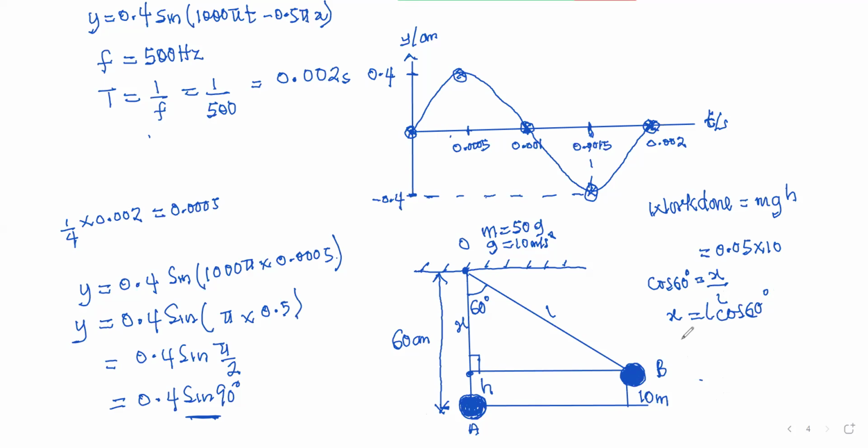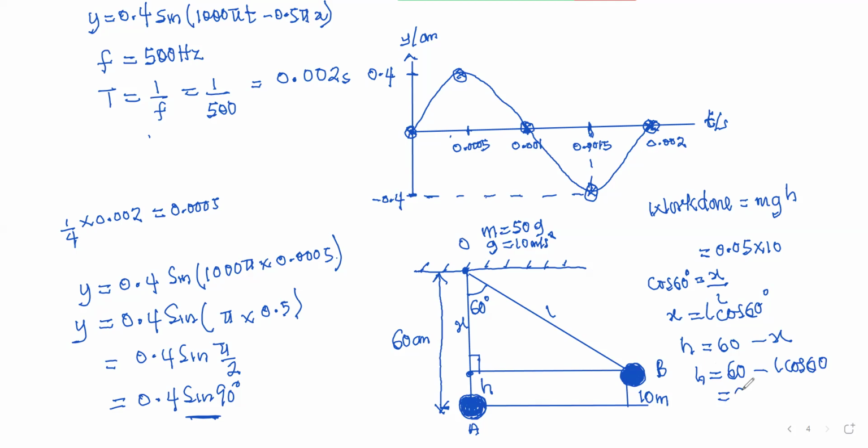The vertical height H is equal to the whole length of the string, which is 60, minus X. Therefore, H is equal to 60 centimeter minus L cos of 60. And L is also 60.